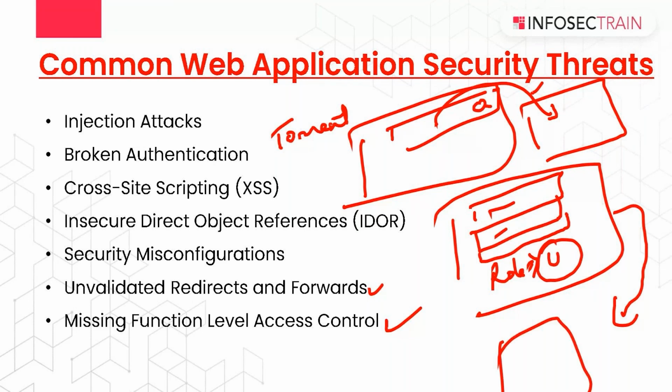From there he can change the role from user to admin, and then forward this request to the browser. When the browser loads this request, this particular user, let's say Sai, will get the account of an admin. Instead of getting the user role, he will get the role of an admin inside that web application. So this is our missing function level access control.